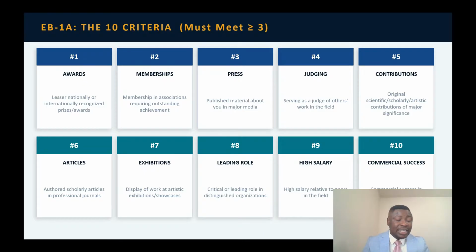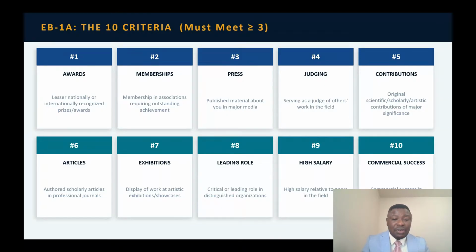The sixth criterion is scholarly articles. That is authoring scholarly articles in professional journals. So if you have authored scholarly articles in professional journals or in academic journals, then you meet this criterion.